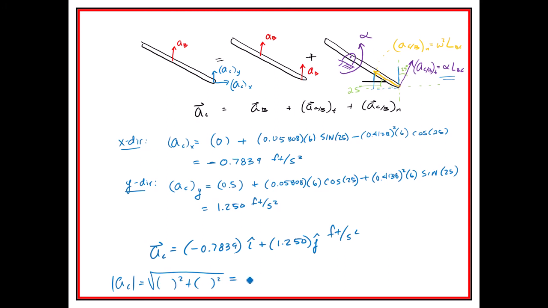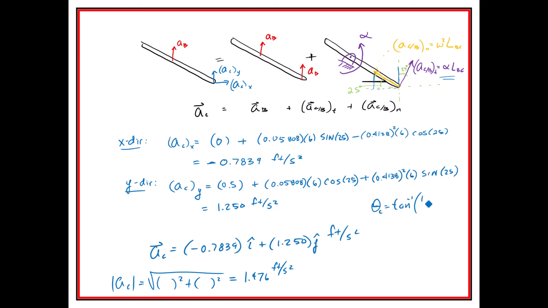That magnitude ends at 1.476 feet per second squared, and the angle I usually struggle with deciding what to use as a symbol for that. Let's just take, we'll call it theta C to give it some kind of name. And that's going to be rise over run.